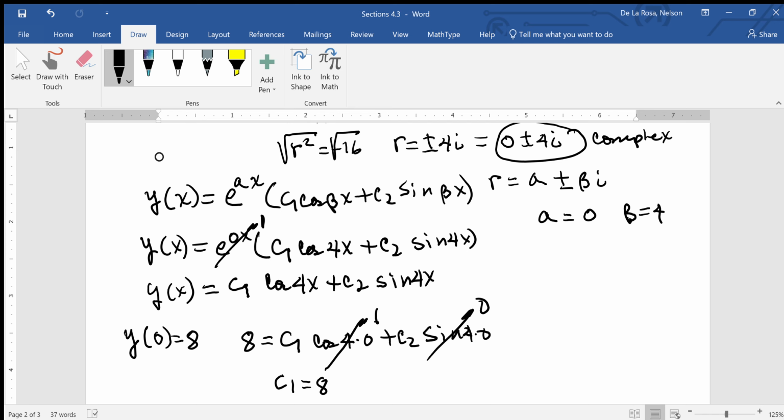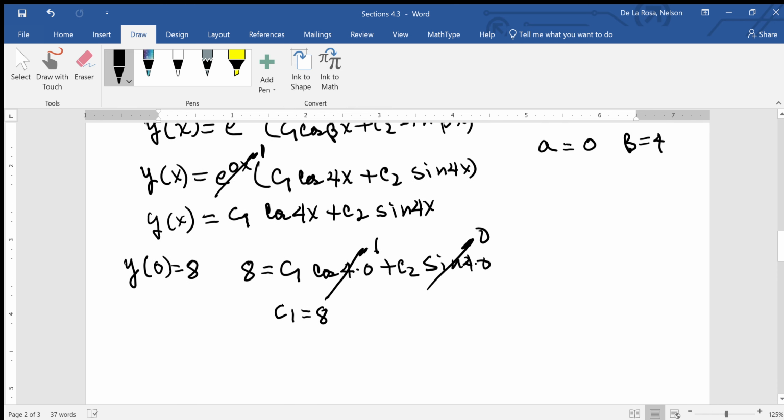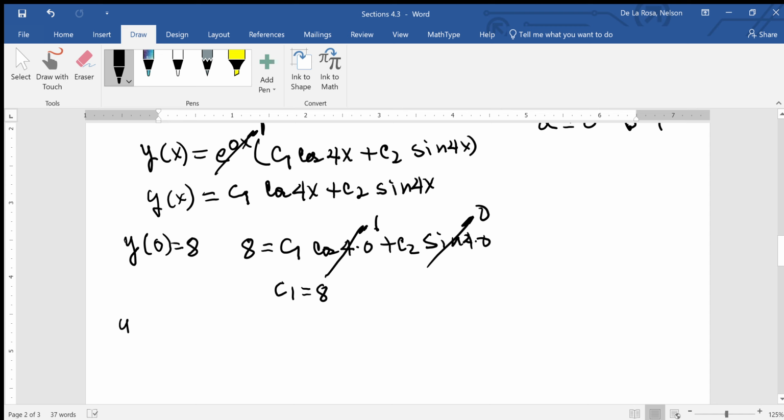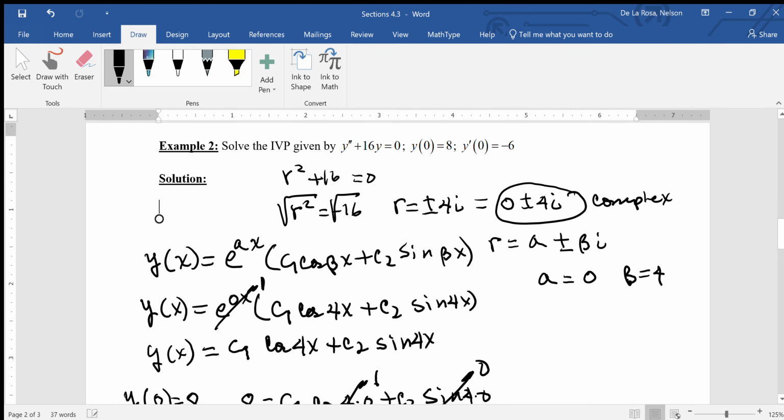Okay. Now is the moment to use the condition of the derivative. y prime at 0 is negative 1. So we have y prime at 0 is equal to negative 1. Now, to use this condition, we need to find the derivative of the general form.